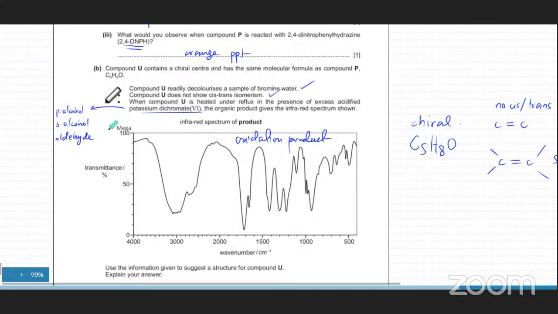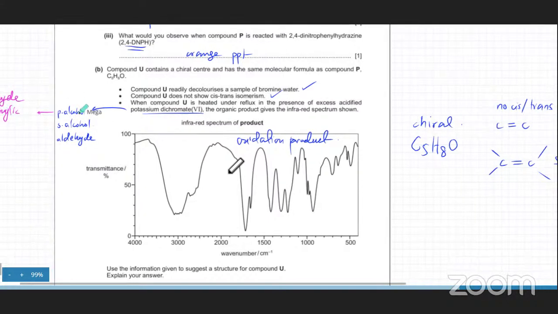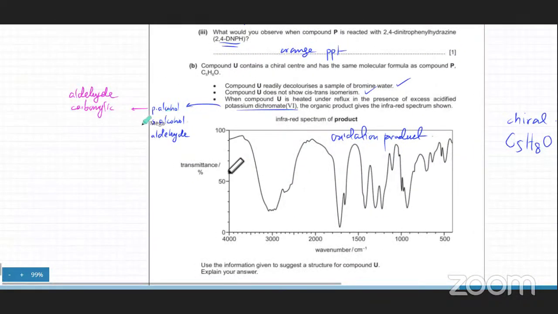So you're given the infrared spectrum, and now you have to figure out what the oxidation product is. If it's a primary alcohol, the oxidation product could be a carboxylic acid, or it could be an aldehyde as well. If it's a secondary alcohol, then it's going to be a ketone.